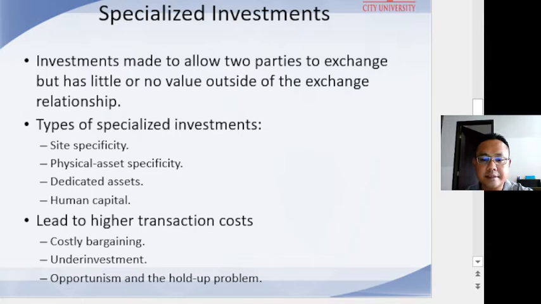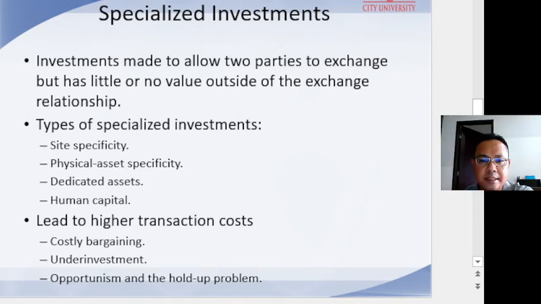Site specificity occurs when the buyer and the seller of an input must locate their plants close to each other to be able to engage in exchange. For example, electrical power plants often locate close to a particular coal mine to minimize the transaction cost of obtaining coal. And then physical asset specificity.